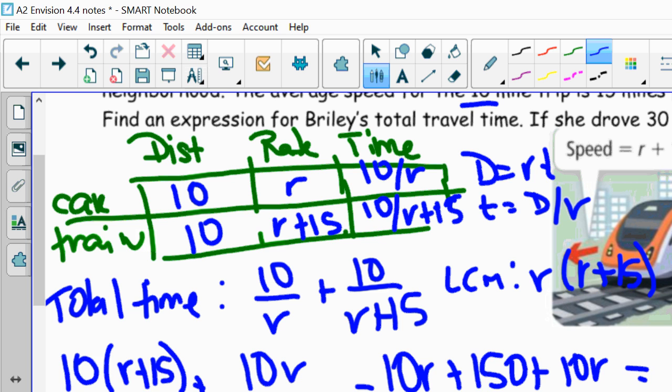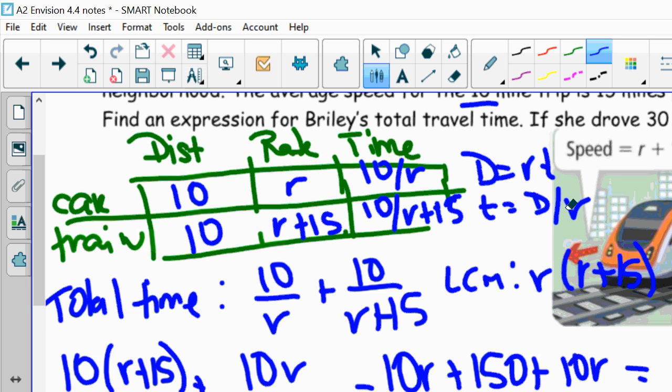So we get 20r plus 150 over r times r plus 15. We can factor the top. We can take a 10 out, and we're left with 2r plus 15 over r times r plus 15. So there's the first part.